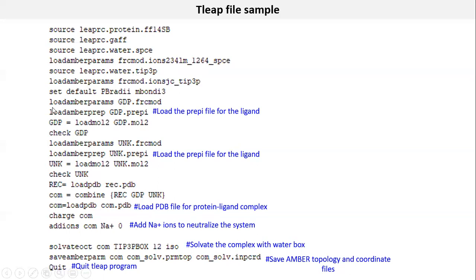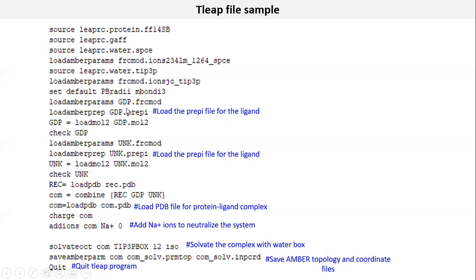And after that, if you have specific ligands, such as GTP or GDP, all the ligands you already docked in the protein are non-standard. So Amber has no library or lib files for these non-standard residues, and we need to build the lib files for them.